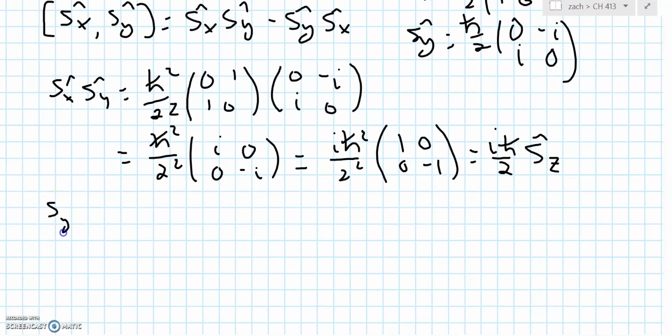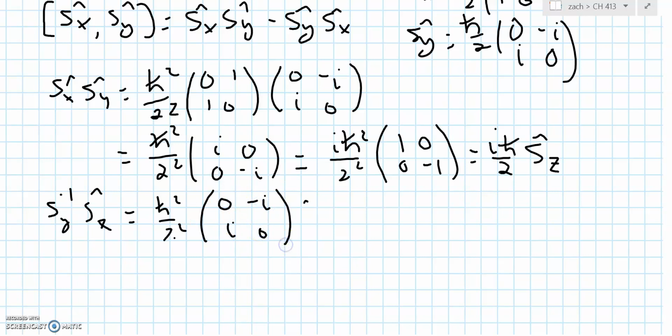So SY SX is equal to H bar squared over 2 squared times the matrix 0, minus I, I, 0, multiplied by 0, 1, 1, 0. So this gives us H bar squared over 2 squared. Again, in the first spot, it's going to be minus I. Then in our second spot it's going to be 0.